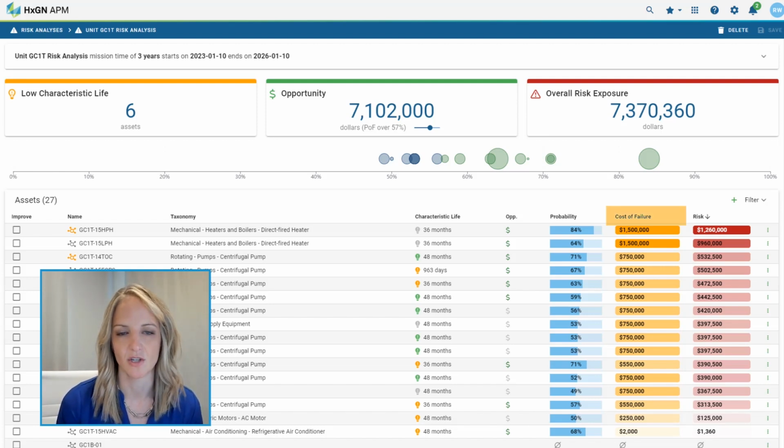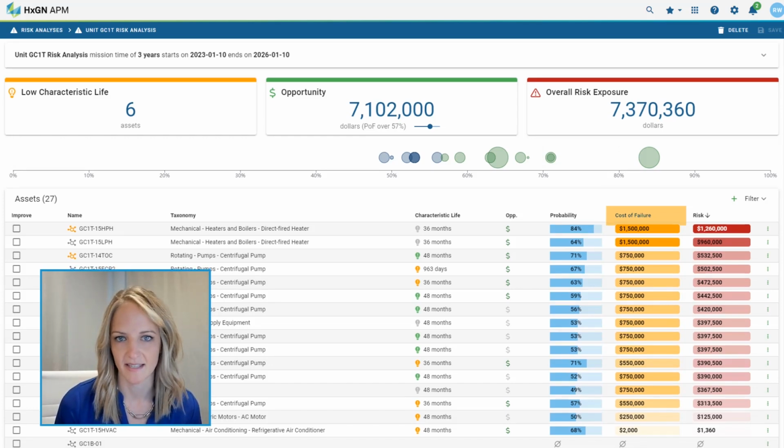But we also like to put in production losses, any downtime, opportunity cost, safety, quality, delivery, those types of losses, just so you can get a full picture of what the monetized consequence would be, should this asset fail.